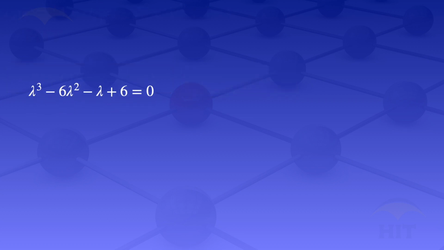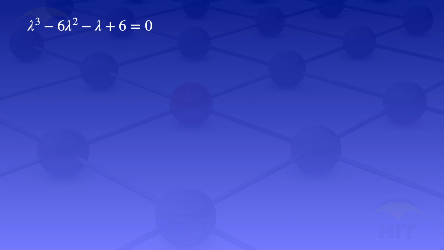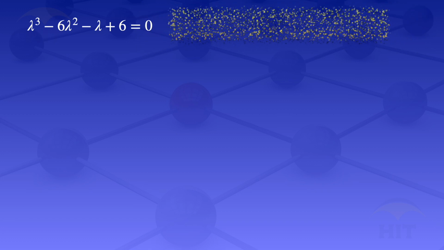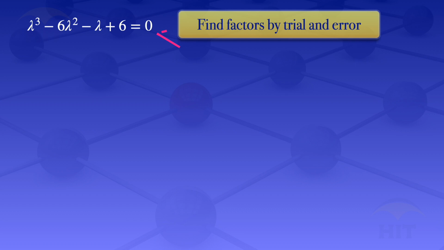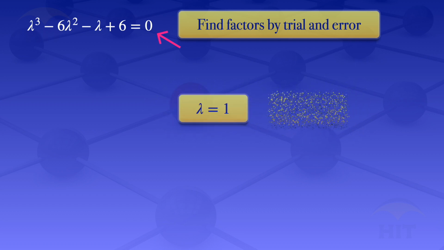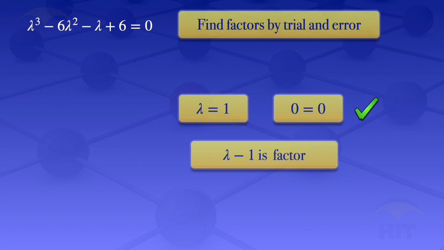equals 0. To find the roots of that polynomial, I'll try to find factors by trial and error. If I substitute lambda equals 1 into that equation, we would have 0 equals 0, which is valid. So lambda minus 1 is a factor of that equation.